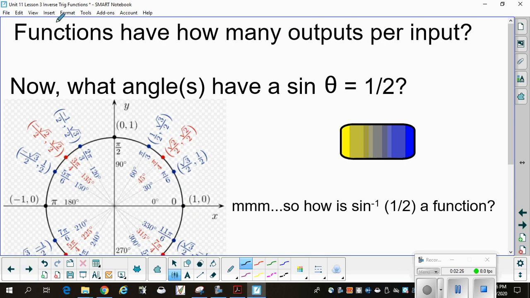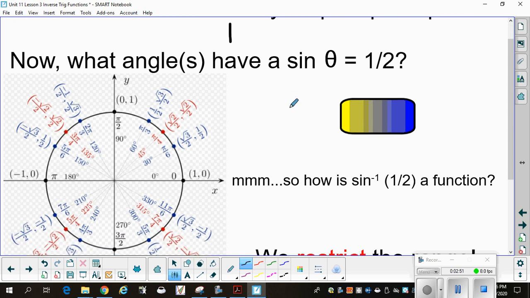Now, functions have how many outputs per input? Remember, one. You have one output per input. Okay? Now, if you think about this one, what angles have a sine of 1/2?